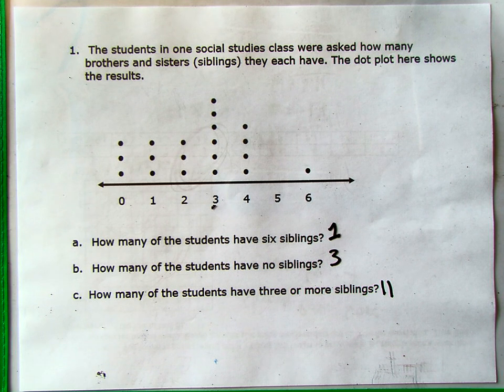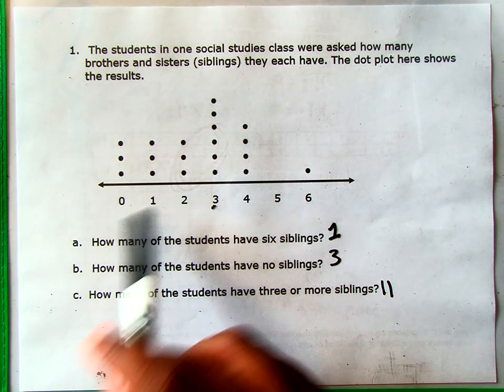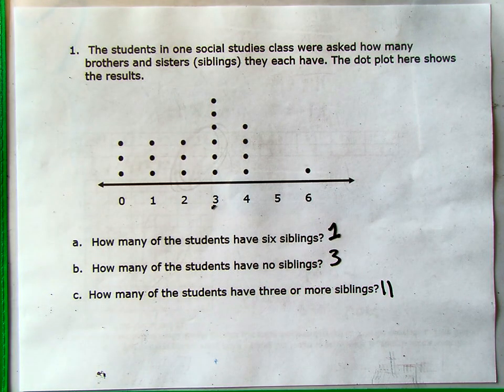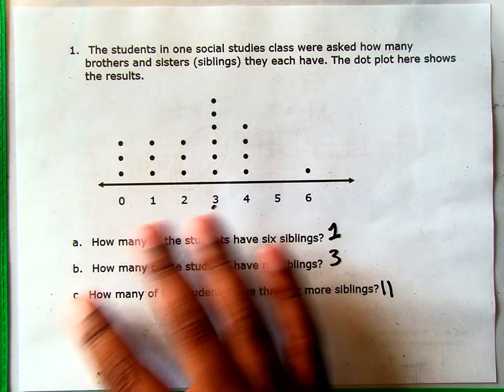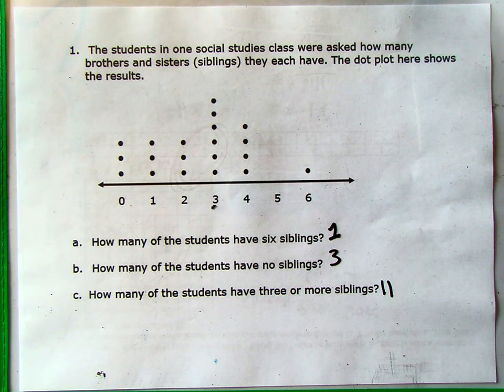Okay, now something else you want to keep in mind about a dot plot is being able to determine other different things. So for instance, we'll take a look at this data here, and we can visually see that it's not symmetrical. It's not even on both sides. Okay, it's skewed. Well, we need to be able to determine whether it's skewed right or skewed left.